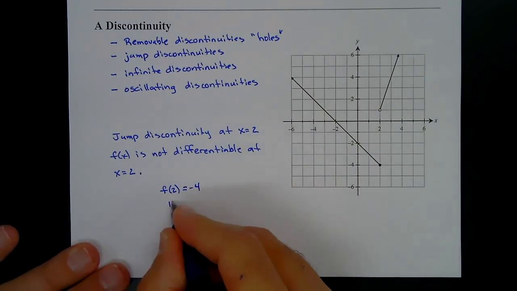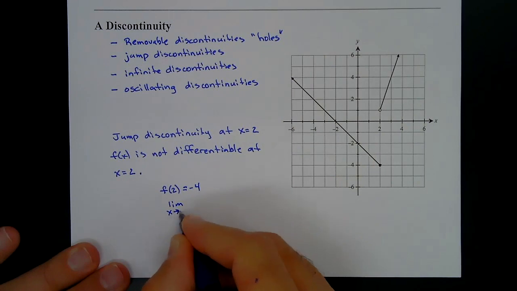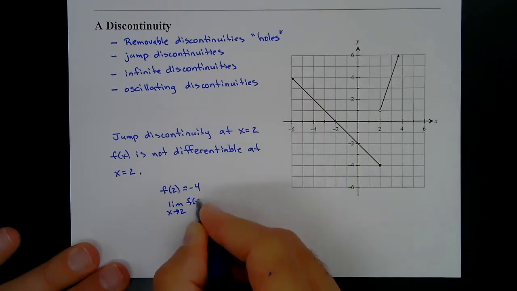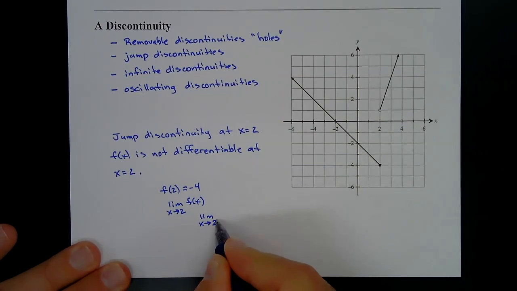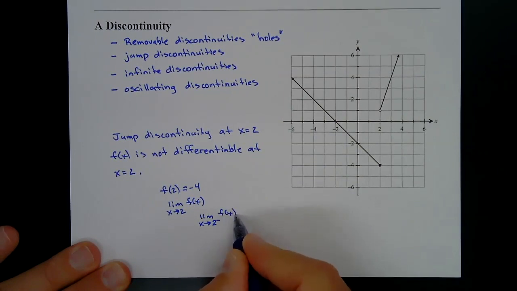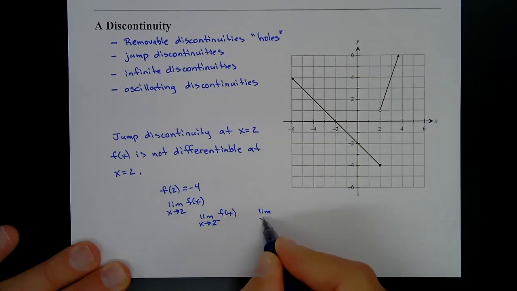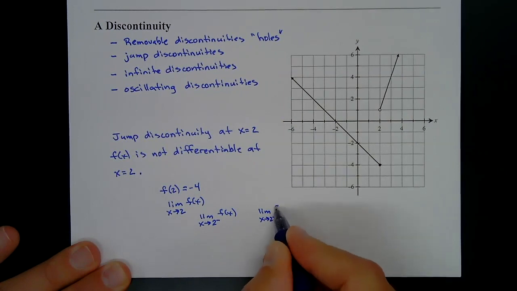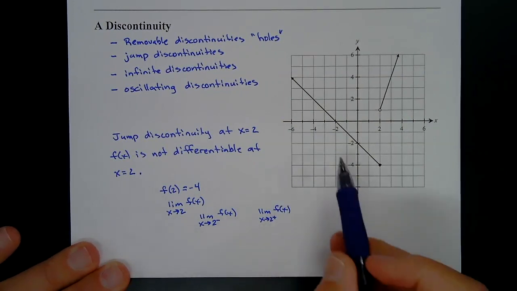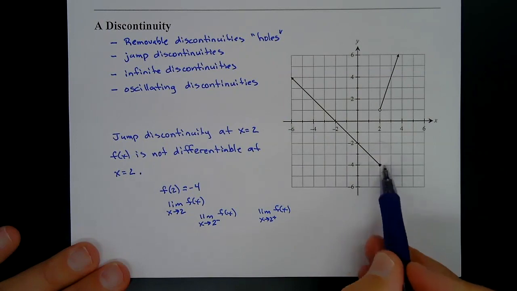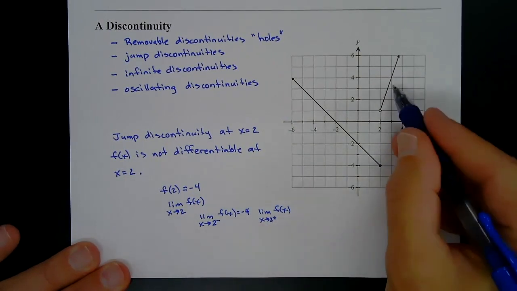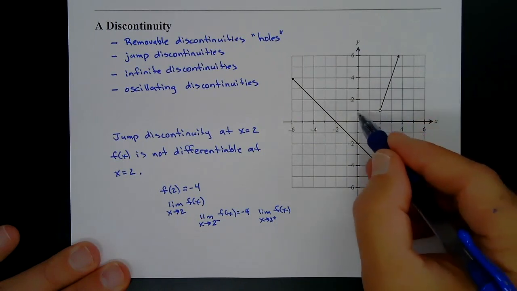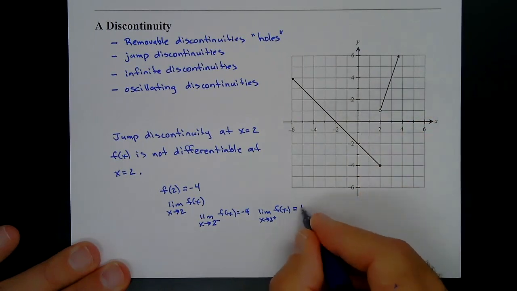We have to find the limit as x approaches 2 of f of x. To do that, I need the limit as x approaches 2 from the left of f of x, and the limit as x approaches 2 from the right of f of x. From the left of 2, that would be -4. To the right of 2, as you come along the function, it gets closer and closer to 1.